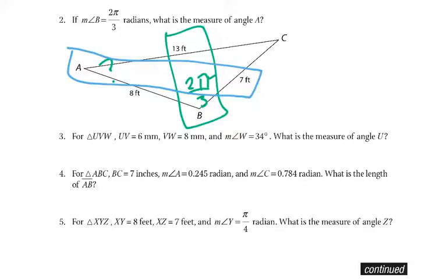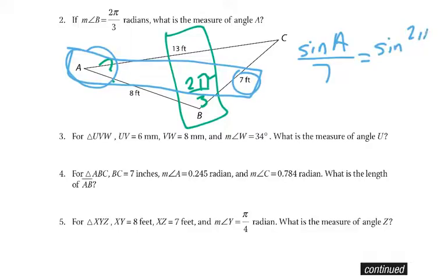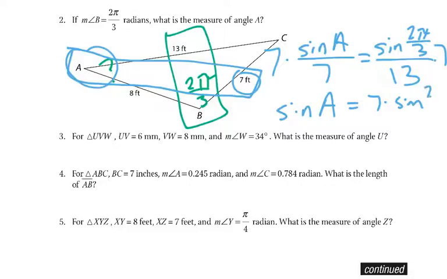Because we're looking for angle A, we put the sine of angle A on top, over 7 feet, equals the sine of 2 pi over 3 over 13. So we multiply both sides by 7, and we get the sine of angle A. So I go 7 times the sine of 2 pi over 3 divided by 13. That'll give me the sine of angle A. That's not angle A, that's the sine of angle A.